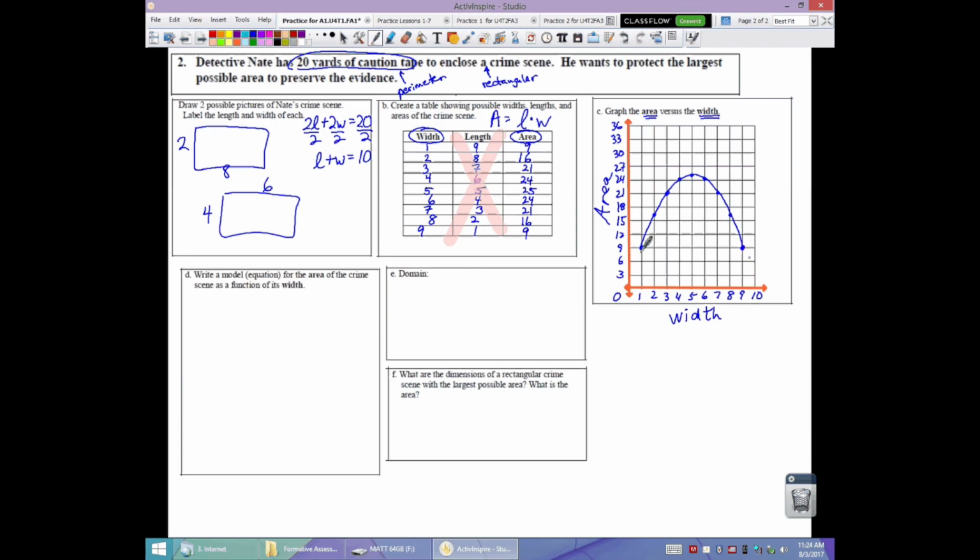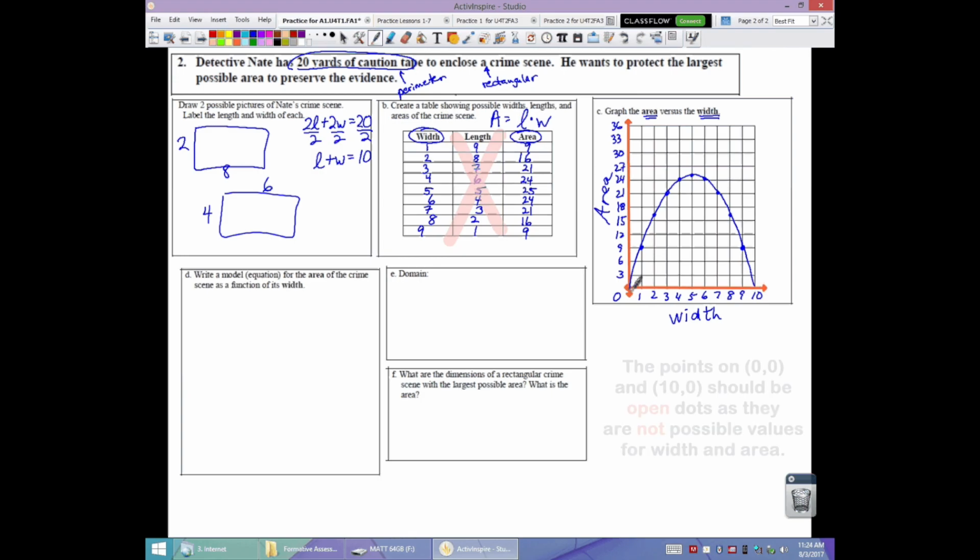But were you to stop at 1,9 and 9,9, you have forgotten infinitely many possibilities that exist between here. What if we had a really skinny rectangle where one of the sides was only 4 inches? Well, that is a possibility. So we need to extend those all the way to 0, 0, and 10, 0.